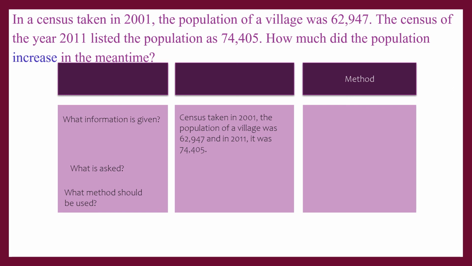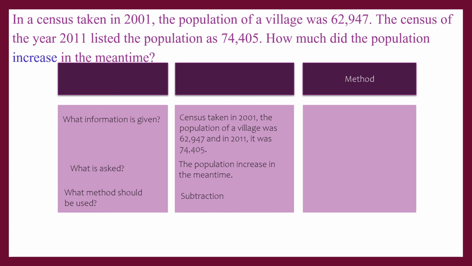Census taken in 2001, the population of a village was 62,947 and in 2011 it was 74,405. We have to find out how much the population increased in the meantime, and the method we will use is subtraction.